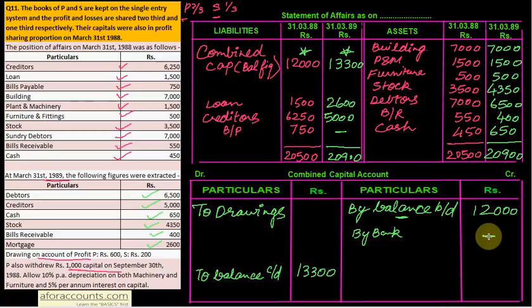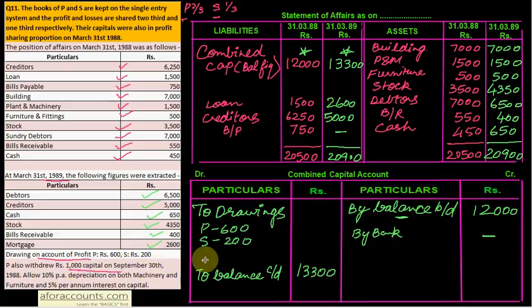Now drawings. What is said about drawings? Drawings on account of profit, P 600, S 200. So P's drawing is given as 600, S's drawing is given as 200. And what about the rest? P also withdrew rupees 1,000 capital on September 30th.